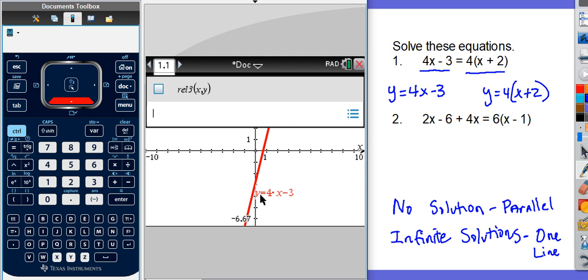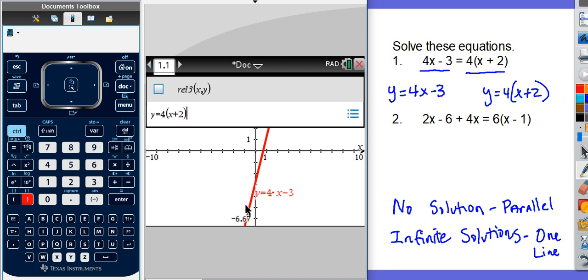Now, it could be many different colors. So don't think that if your line is blue that you've done something wrong. So the lines will change colors. So now I'm going to type in y equals 4 parentheses x plus 2, close parentheses.